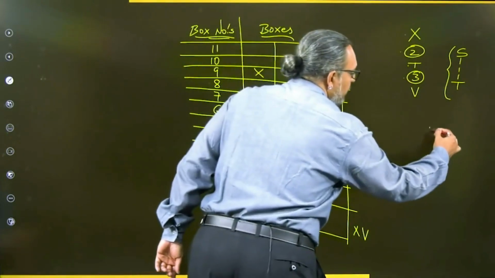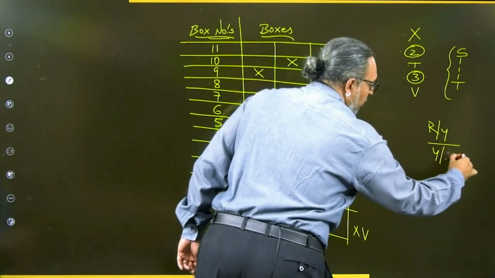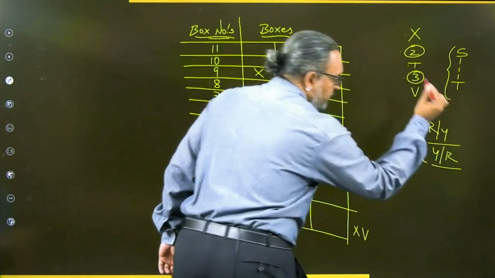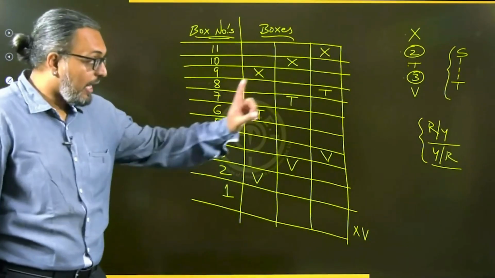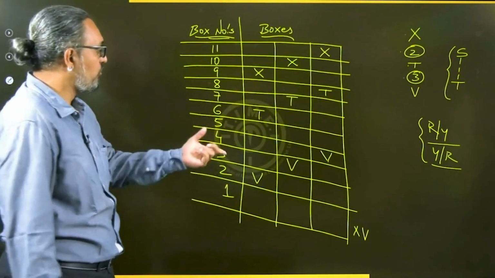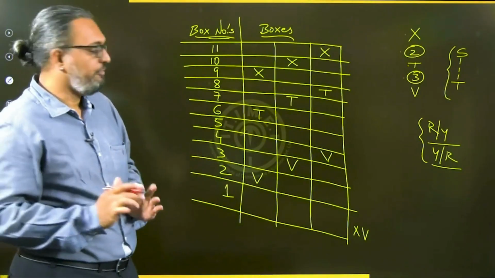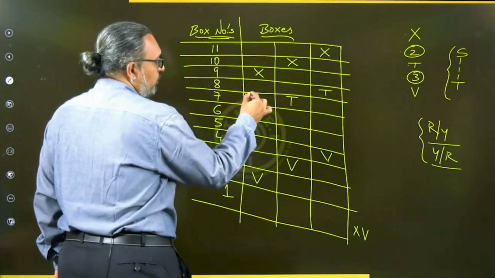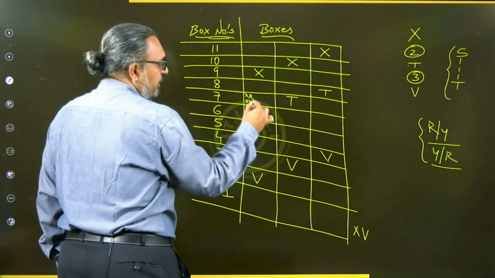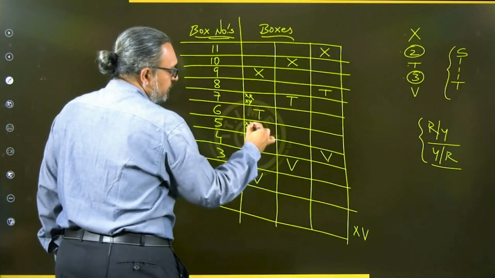So this is how we can recognize it. So R or Y, Y or R, they should be adjacent to each other. But neither of them should be placed adjacent to either T or V. So wherever T is and V is, you remove R and Y. So like this, here I can rule out R and Y adjacent to T.